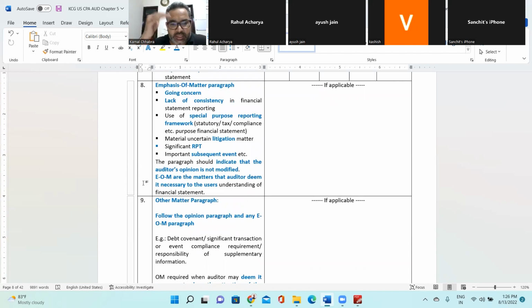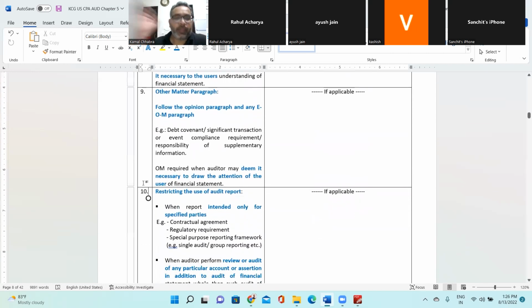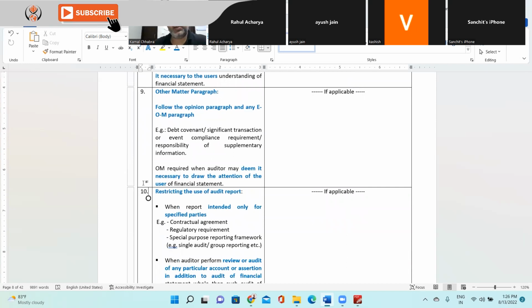But in addition to these 5 or 6 items, any other item you believe is material for the user of the financial statement, but is not a qualification, and you want to bring it to their attention, then you can add it in the other matter paragraph. That can be debt covenant, right? Significant transaction, event, compliance requirement, supplementary information. Those things you can add in the other matter paragraph.